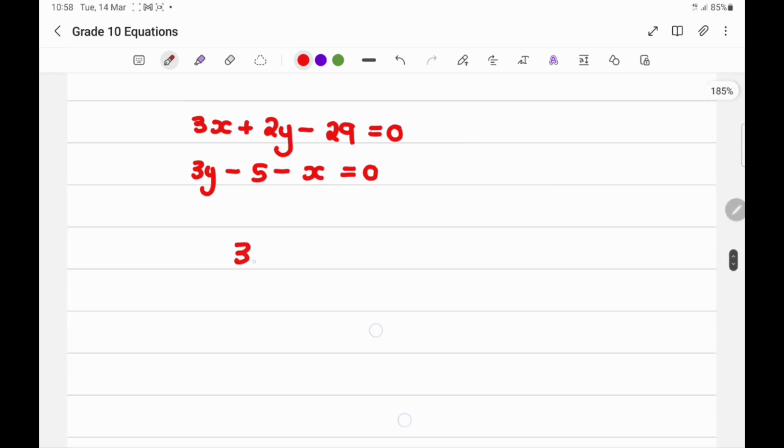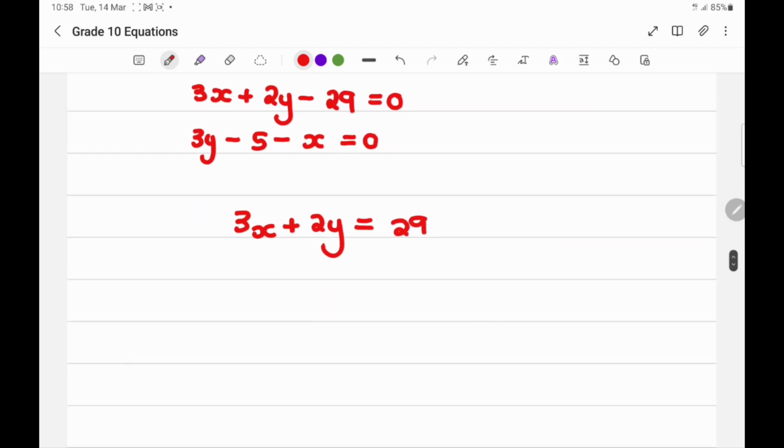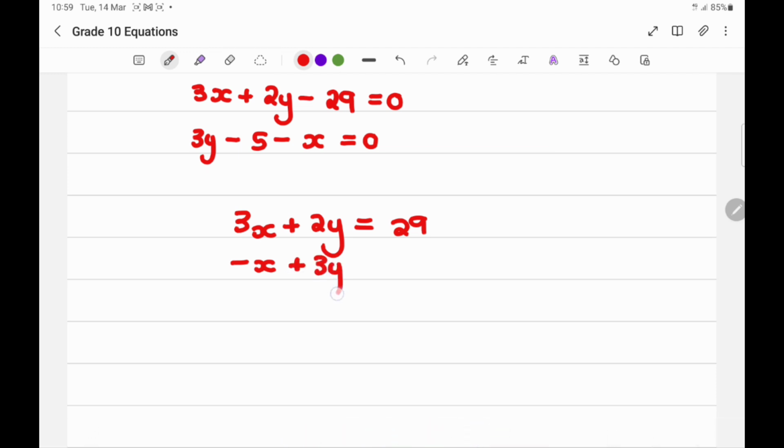So I'm going to keep it as 3x plus 2y is equal to 29. And then I just need to bring the x down here to a negative x. And then I want the y, which is a positive 3y, is equal to, now be careful, if you throw it over, you need to add 5 on each side, which gives me 5.